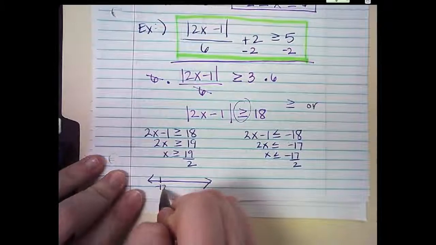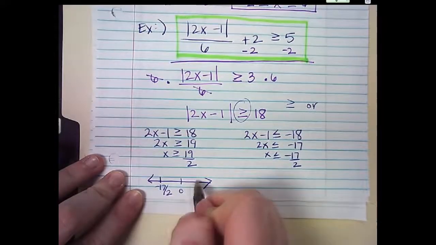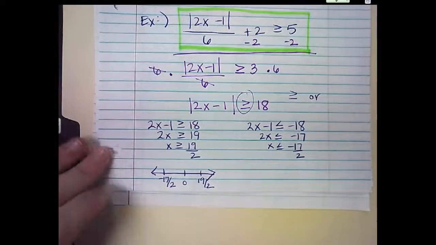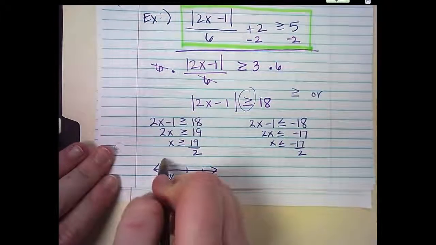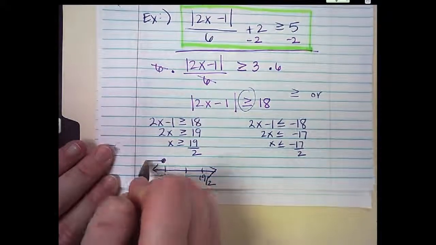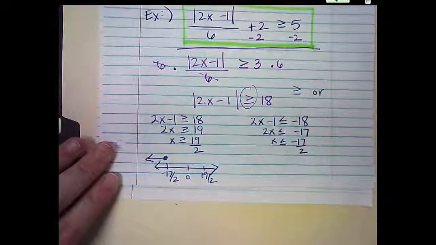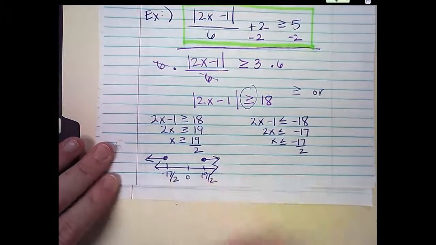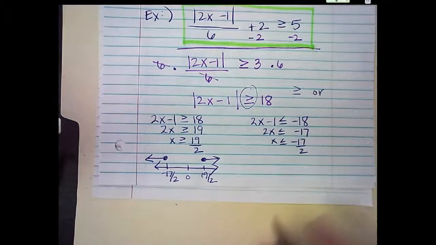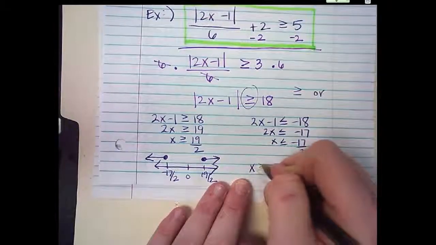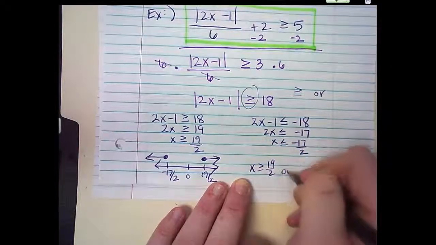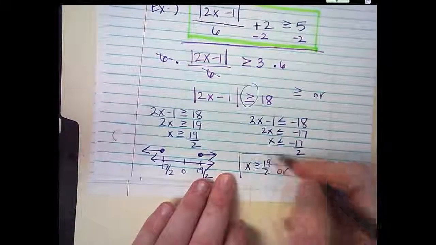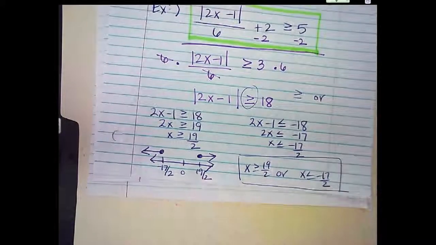So I have negative 17 over 2, 0, and 19 over 2. So I see that negative 17 over 2 is less than, so it goes to the left. 19 over 2 goes to the right, and so then I see that it's an or, and I'm good to go. And this one we write just separately. You can switch the order on that if you want, it doesn't matter.